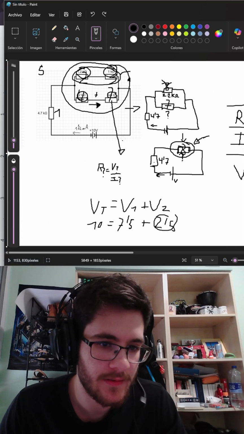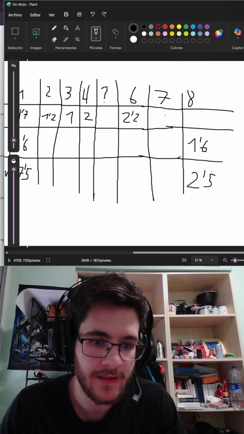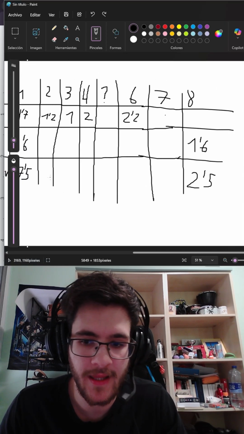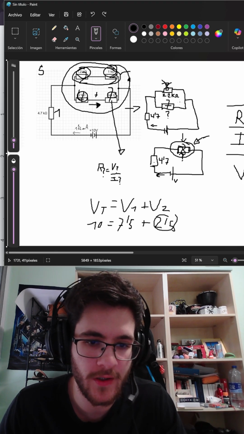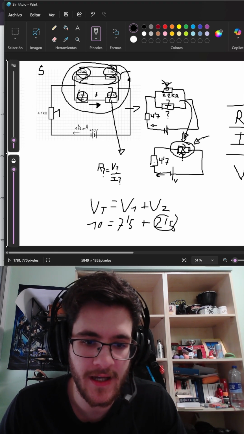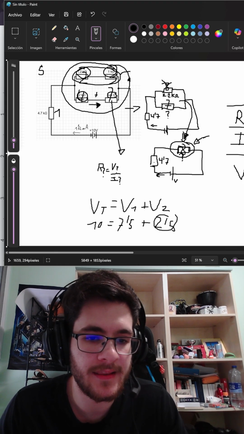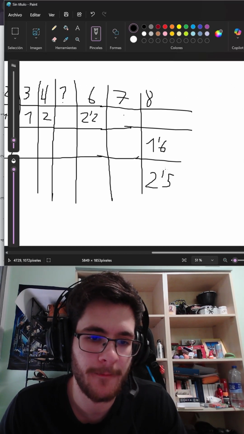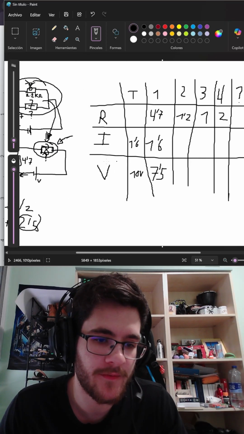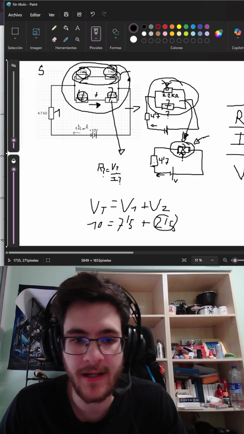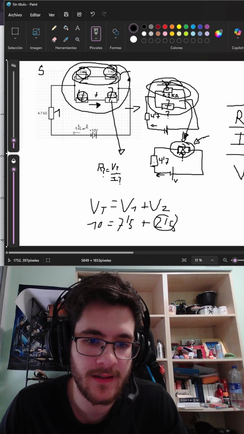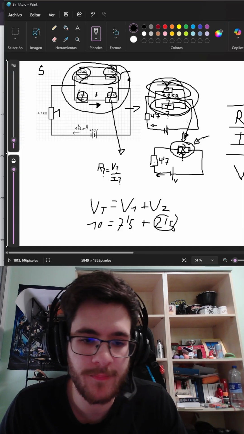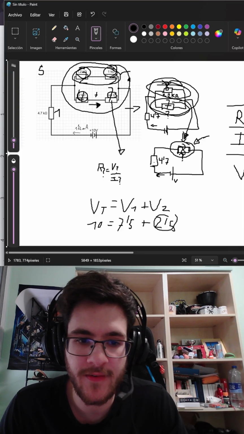Other things we know now: when we know the voltage of 8, as we did a parallel transformation to get the 8, then all of these will have that voltage, 2.5 volts. So in a parallel circuit, the upper part and the bottom part will also have the same voltage.